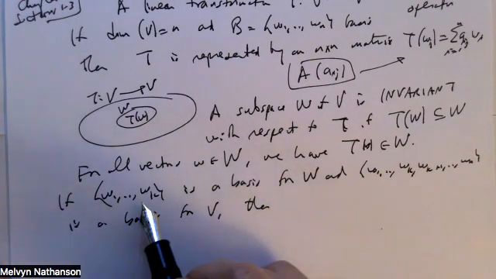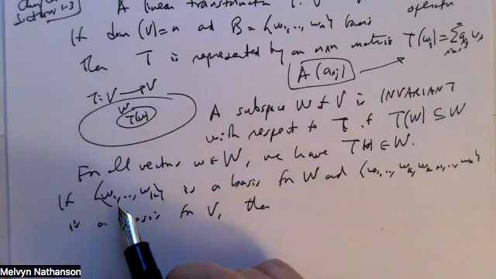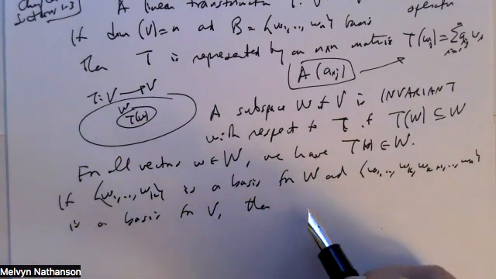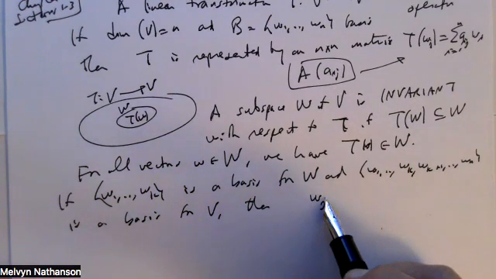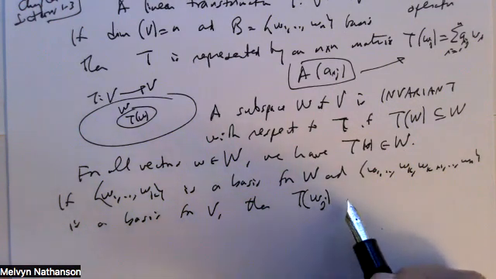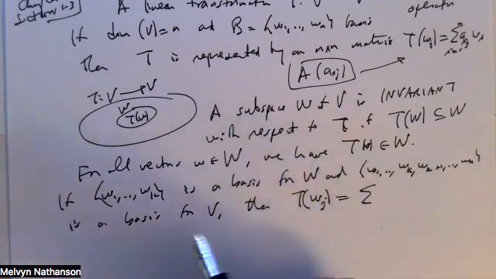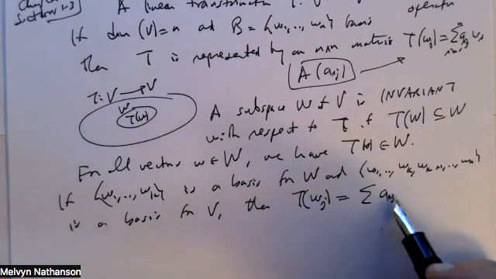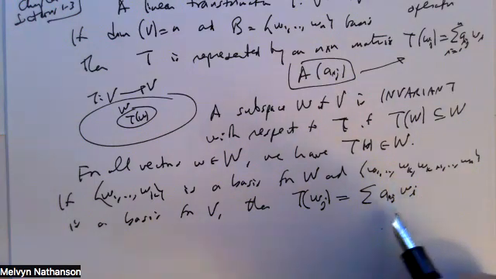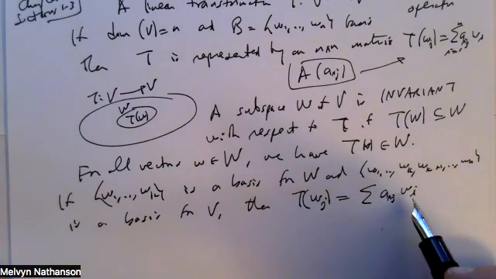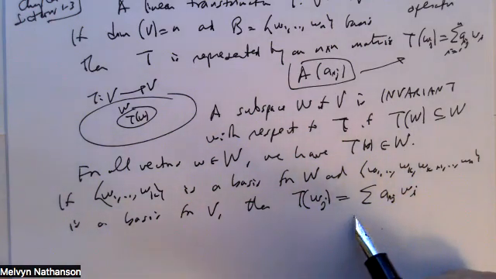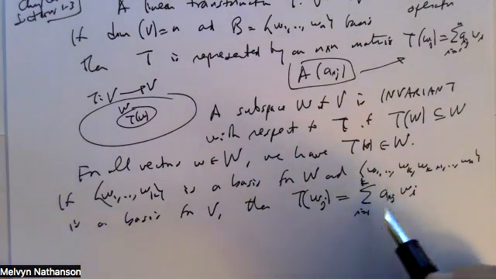Then for every vector in this basis, W1 up to Wk, you look at T of Wj, this is a sum of the basis vectors Aij Wi, but the Wi's are restricted to the subspace. We don't move out of the subspace, so i goes from 1 up to k, not up to n.